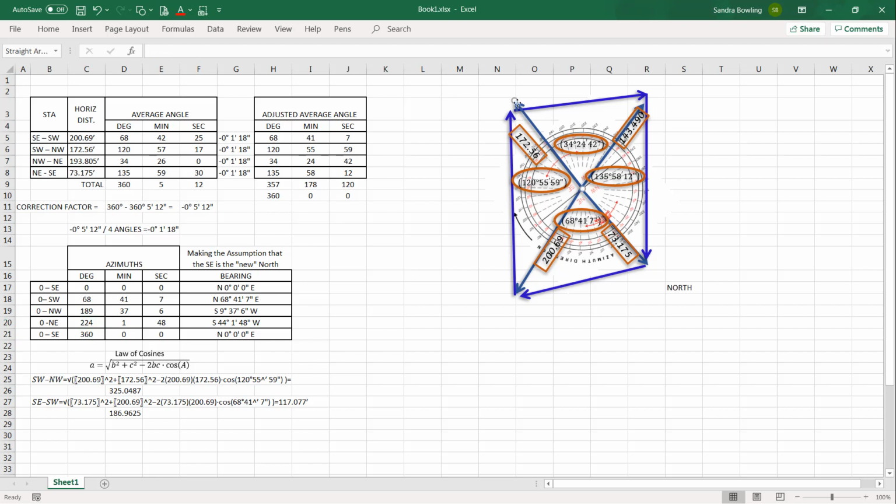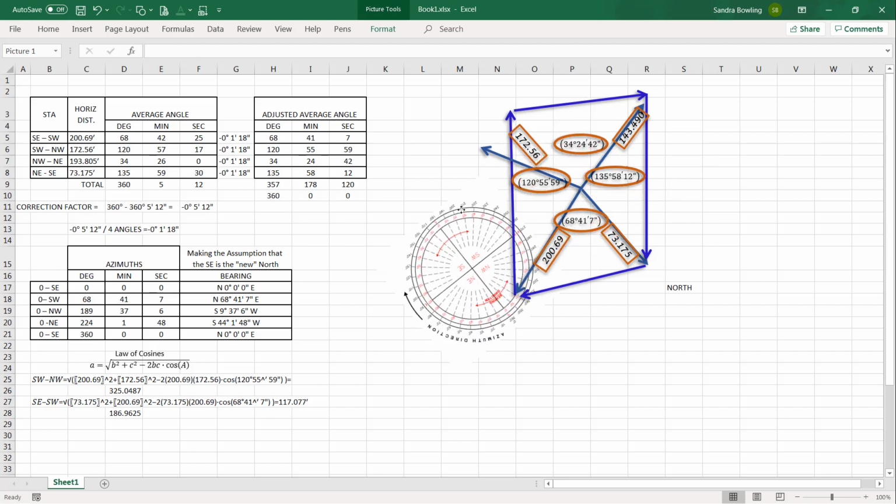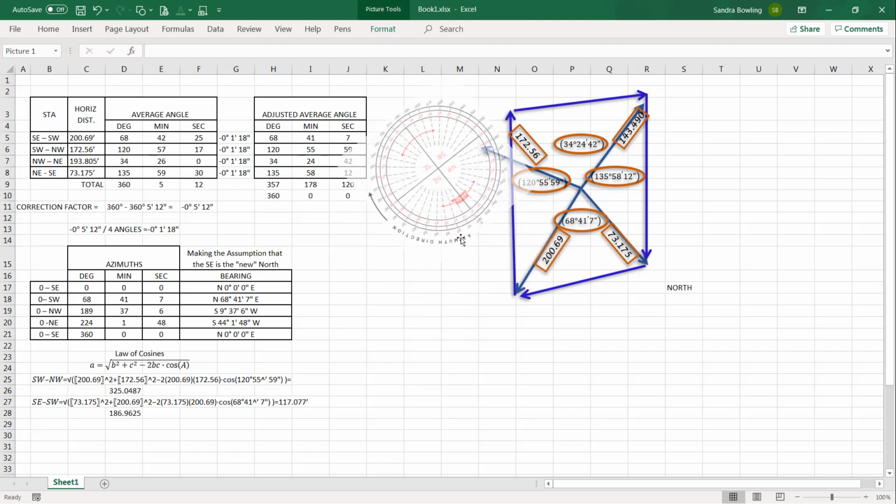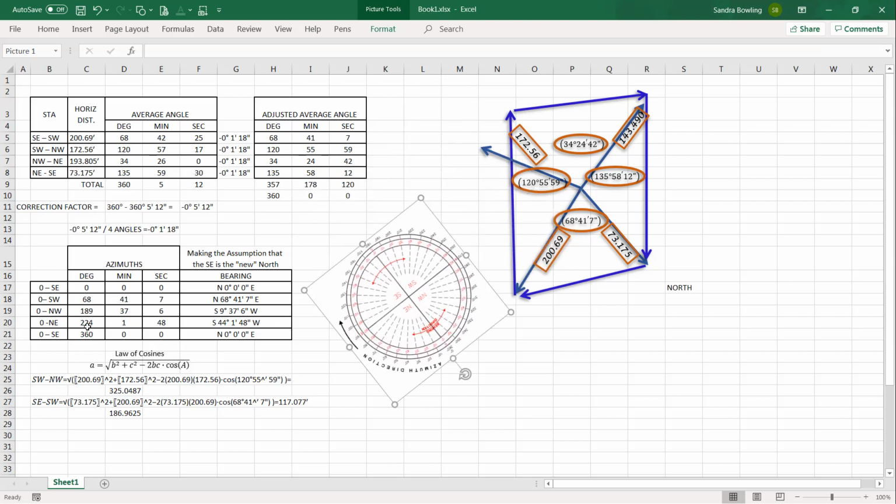Now, if the azimuth was 150, you could see that it was in the southeast quadrant, and it would be about 30 degrees southeast. All right, so the azimuth that's 224 degrees, 1 minute and 48 seconds is in the southwest quadrant, and so I'm going to get a bearing.